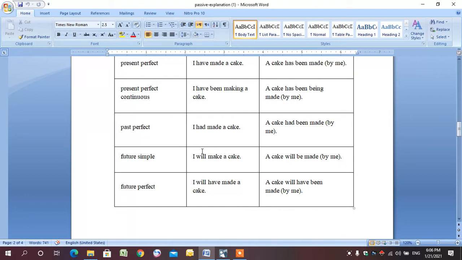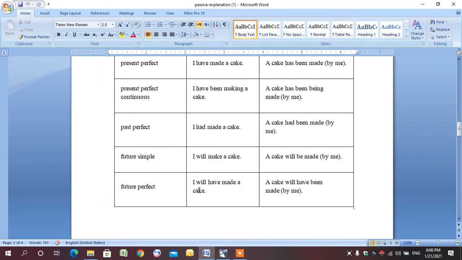Now if I say I am going to make a cake, and again I want you to change it into passive, so it's another form of the future simple. So you say a cake is going to be made by me.